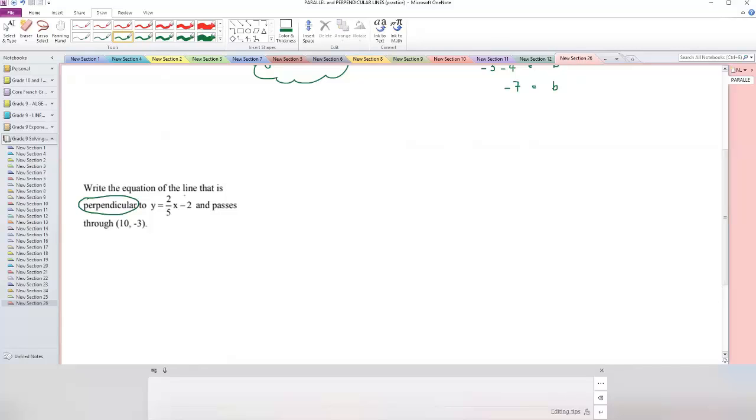If this line has a slope of 2/5, the new line I'm searching for will have a slope with the opposite sign, so negative, and the reciprocal of 2/5, so it's going to be -5/2. And again, it passes through the point (10, -3).